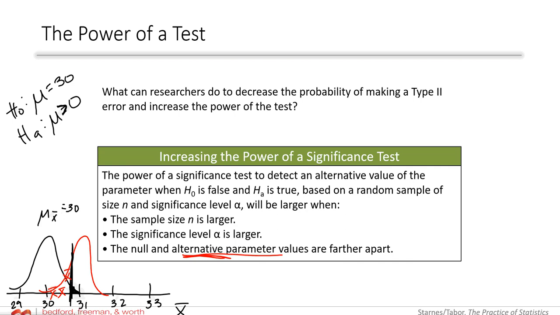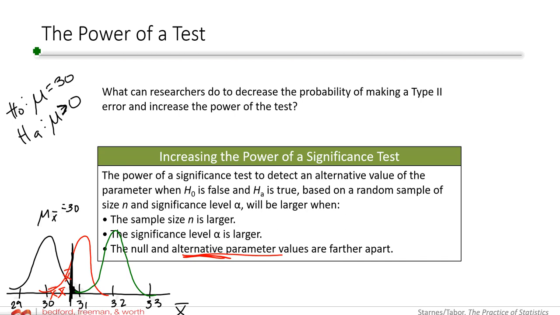On the other hand, instead of saying the actual parameter value is 31, let's pretend the actual population parameter value, so population mean, was 32. Then, instead of the red distribution being my actual sampling distribution, it would be centered at 32.